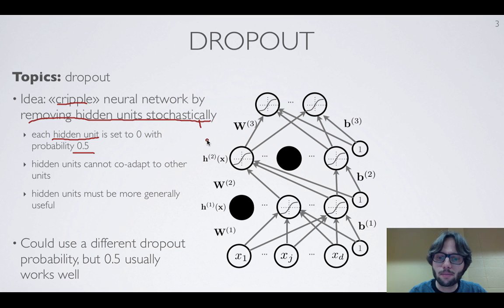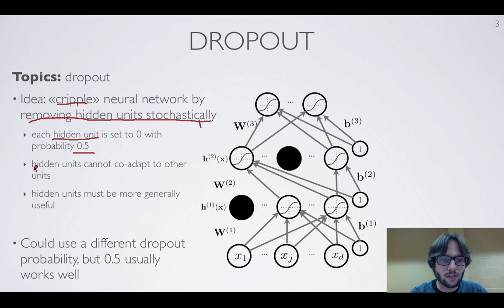As you can see, this is similar to the type of noise we would add in denoising autoencoders. One difference is that we're doing this at the hidden unit level instead of the input unit level. The other difference is that we're not training an autoencoder here. We're doing it while we're doing backpropagation in supervised learning with a neural network.